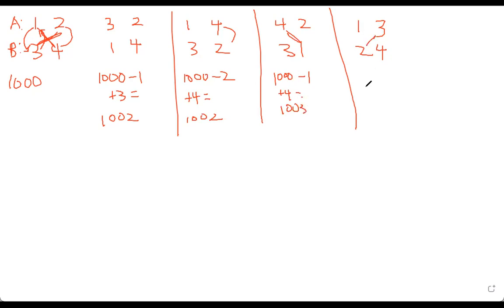And this one, we swap these two, so you start with 1,000, you lose 2, and you add 3. So in total, you get 1,001. So the different readings we have here are 1,002, 1,003, and 1,001. So our answer, if we had this input, would be 3.